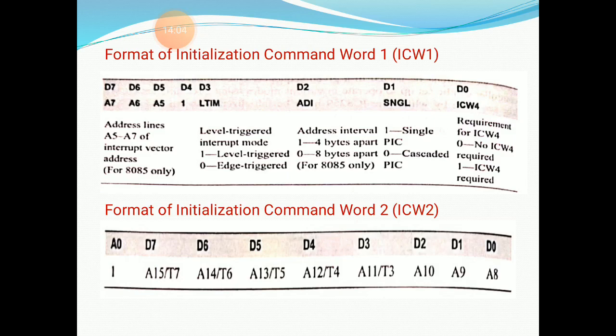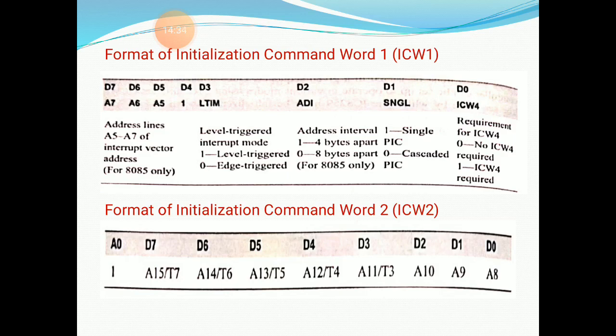Next, the D2 bit belongs to ADI. ADI means address interval. If D2 equals 1, a 4-bit address is required. If D2 equals 0, an 8-bit address is required. That is, the starting address of the ISR may be either 4 bytes or 8 bytes. ISR means interrupt service routine. In the case of the 8086 processor, the ISR address interval is 4 bytes.